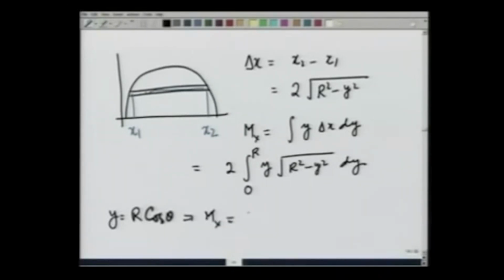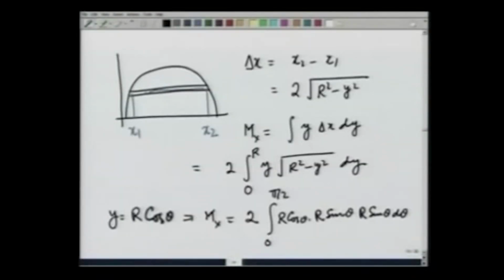so that mx becomes equal to 2 integration 0 to pi by 2 r cosine theta times r sin theta times dy, which is r sin theta d theta.